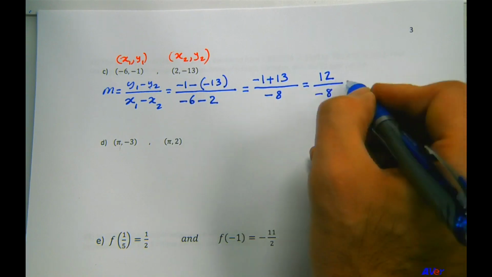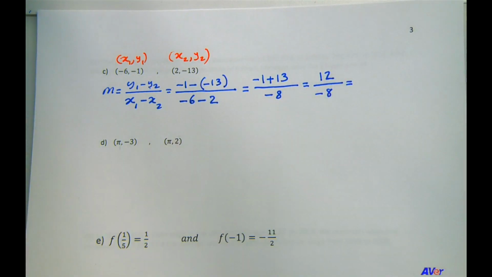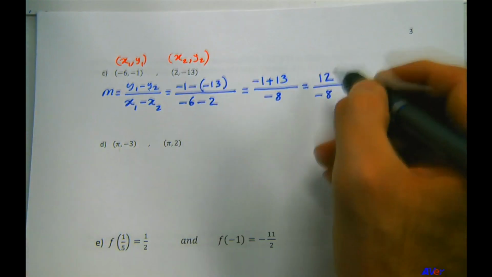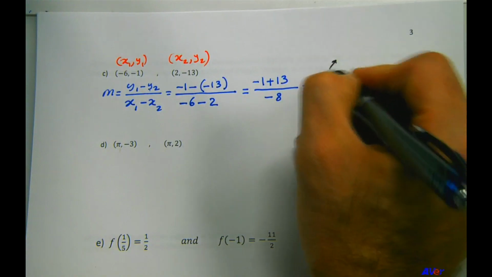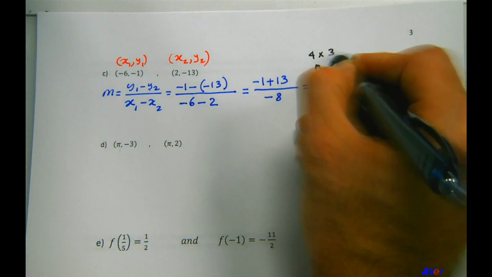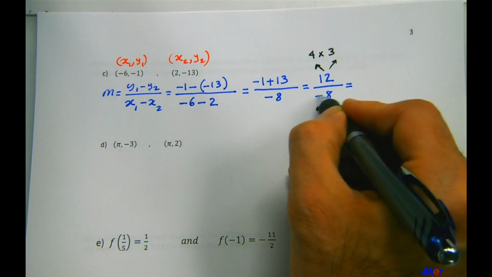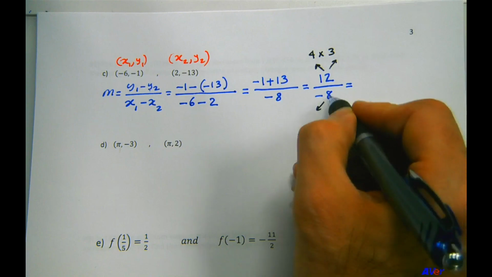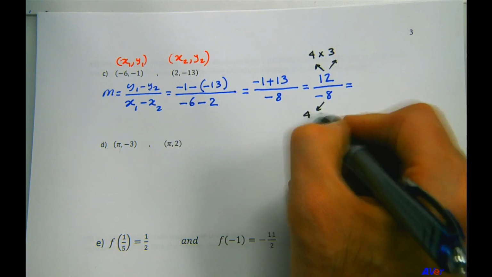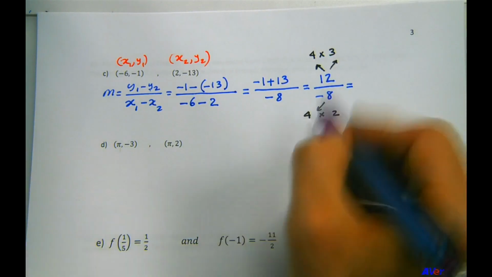Can we simplify this a little more? Absolutely, right? Because 12 can be written as a product of 4 times 3. And 8, and we keep the negative there, but 8 itself can be written as 4 times 2. Right?